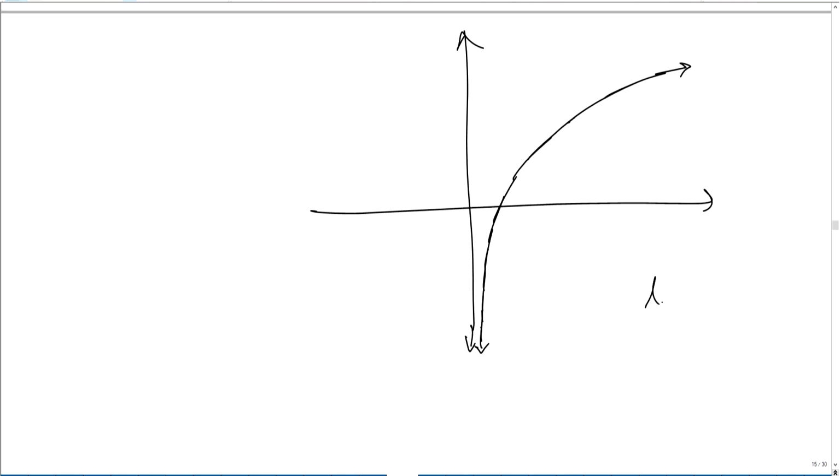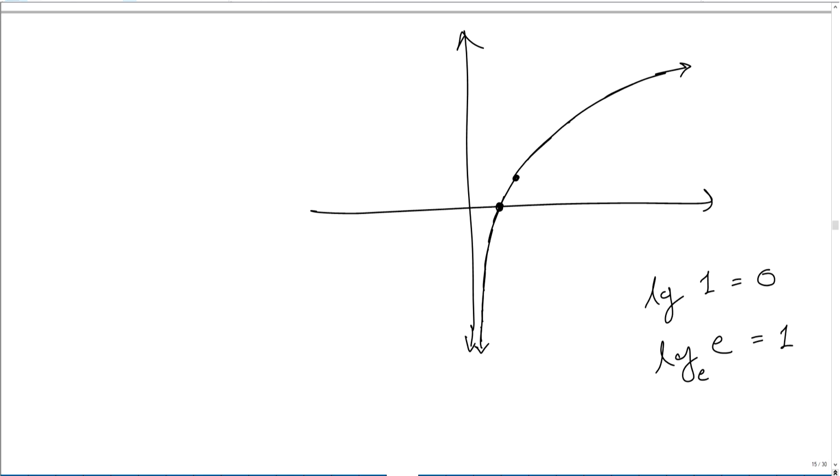For example, log of 1 would always be 0, so basically this is this point. If you try to figure out log of, let us say, e, if the base is e, then it would be 1, which is basically here.